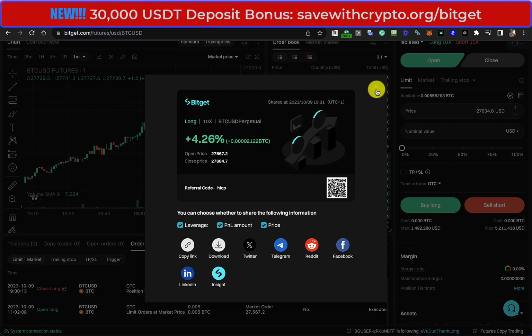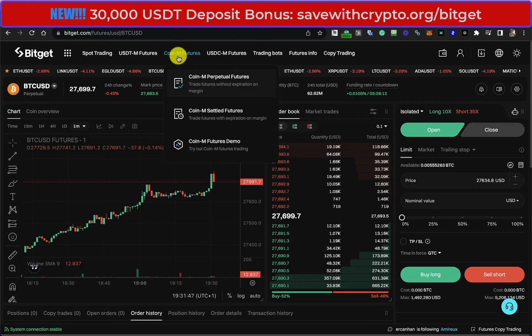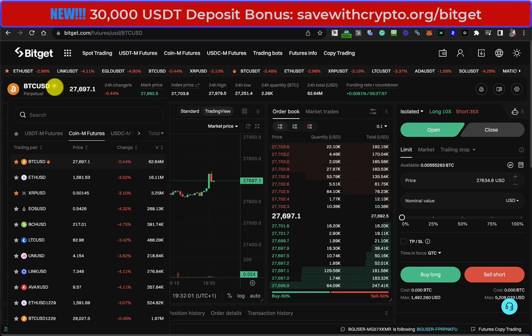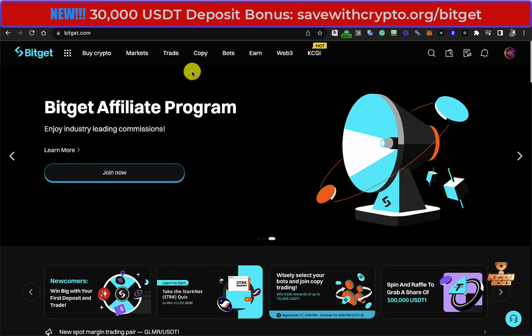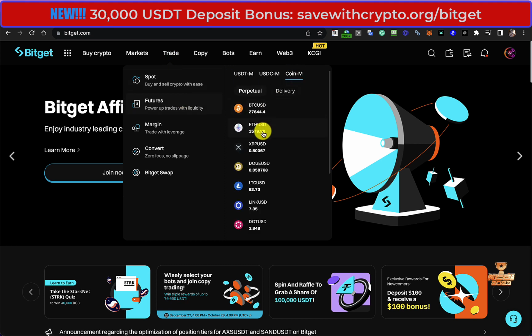Anyway, so that is pretty much all there is to doing a very simple long trade using leverage, using the CoinM Futures account. Now, there are limited amounts of coins you can use for the CoinM Futures, which you can see by going to Trade Futures, CoinM, and then looking at these.